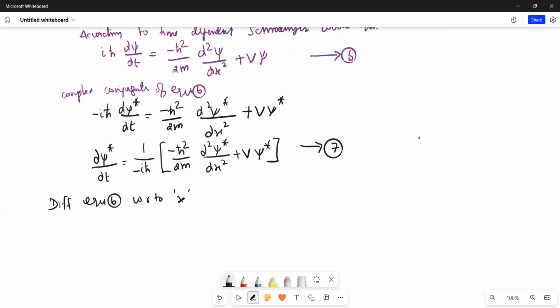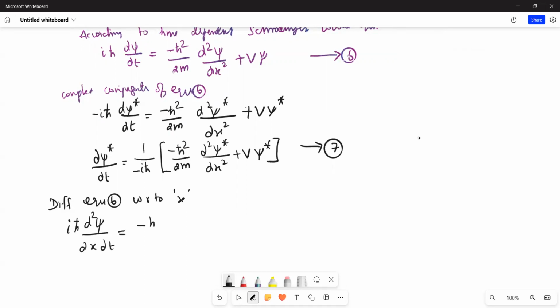Right. So if you differentiate equation number 6, what you will get? On the left, i h cross, there is already one differentiation, and if you differentiate again, you will get dou square psi by dou x dou t, because we are differentiating with respect to x and t.